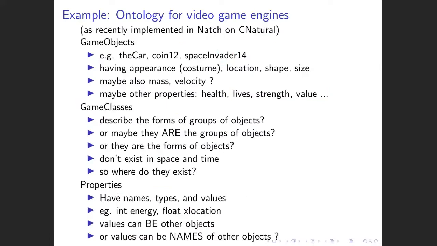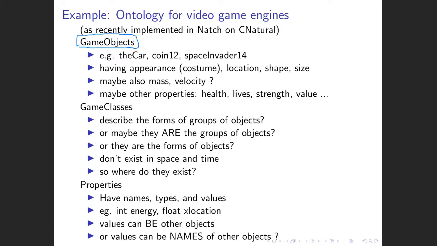So game object, often this appears as a subclass of object if your language starts with a general object. You have to make a distinction between things that are purely computational and data structures and things that are doing representational work. They're standing for something in the real world.